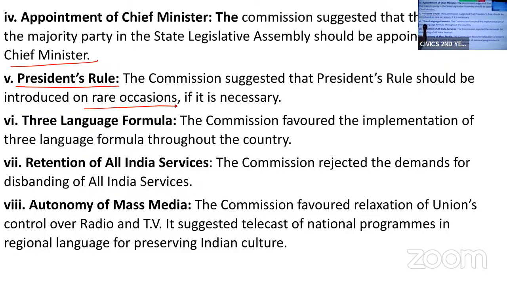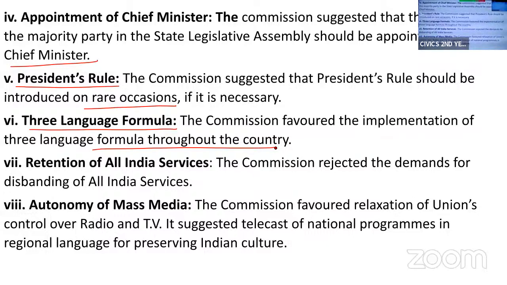Then the commission suggested 3-language formula. It suggested that 3-language formula should be implemented throughout the country. So if you see, in every state, they have their own regional language. Then we have English and a national language, Hindi, used in all the government matters.